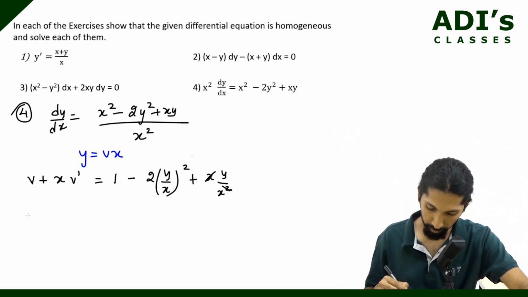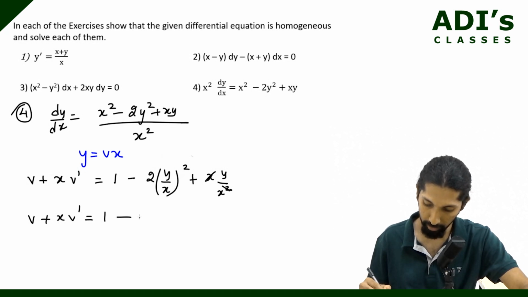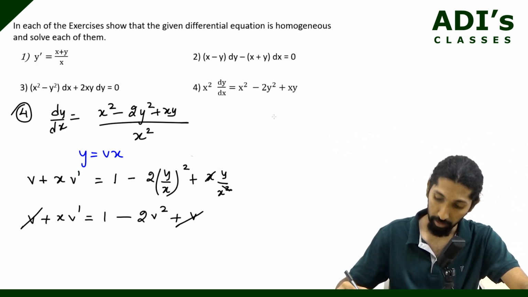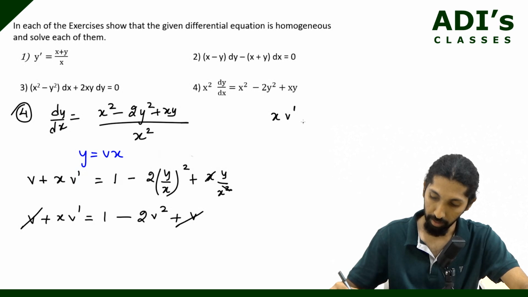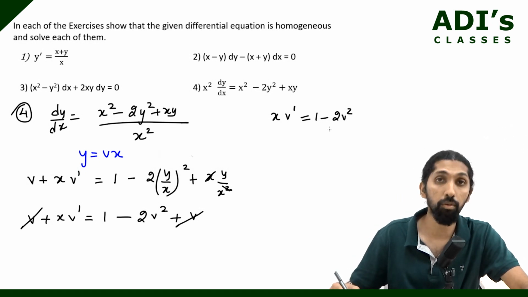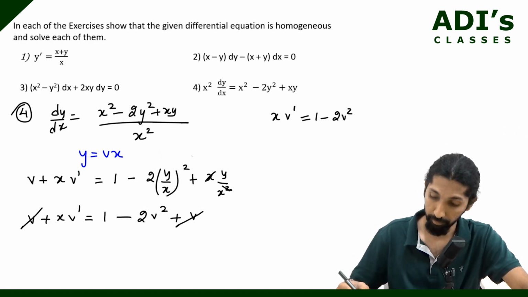So what do we have? v plus x into v dash, 1 minus 2v square plus v. The v and v cancels out, correct? So what do we have? x into v dash, 1 minus 2v square, right? So now what you do, you take it to the LHS. That means dv by 1 minus 2v square equals dx divided by x.